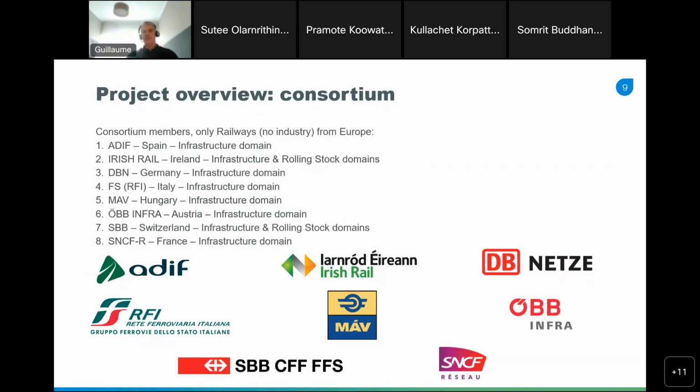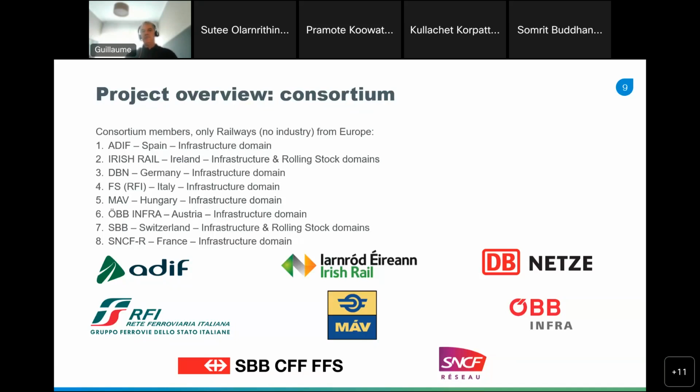We have MAV from Hungary, which also represents an infrastructure manager. ÖBB Infra from Austria, which represents the infrastructure domain. We have SBB from Switzerland, which represents both the infrastructure and the rolling stock departments. And last but not least, we have SNCF Réseau from France, which represents the infrastructure.